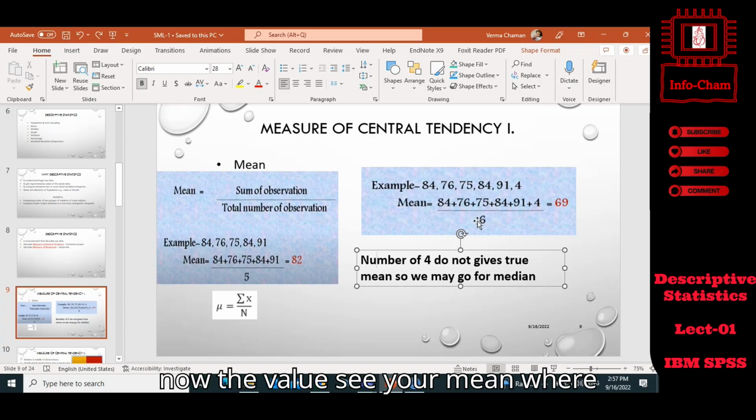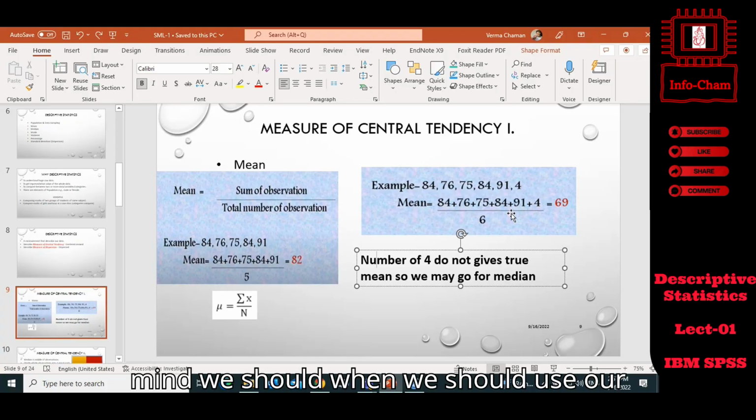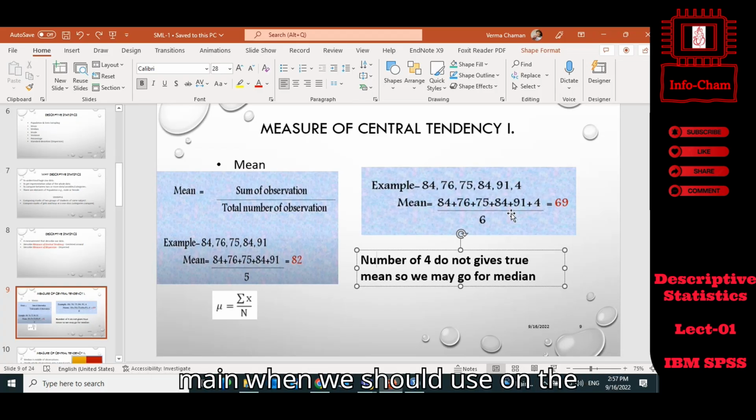Now see your mean, where your mean is going down. See the difference between 82 and 69. In that case, what will you use? Median. So please keep small things in mind: when we should use the mean and when we should use the median.